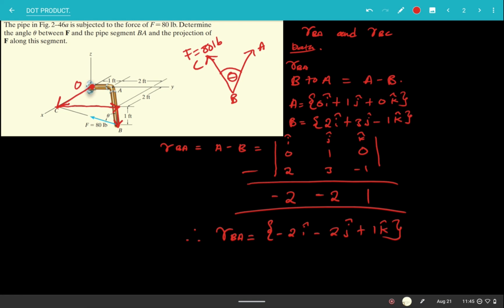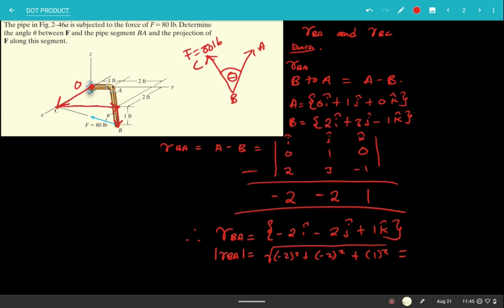Now that we have our position vector, we can as well find the magnitude, which is the length of this particular line. So let's find the magnitude of the position. To find the magnitude, we'll square the components that are in the I, J, and K, and then take their root. So we have -2 squared plus -2 squared plus 1 squared.